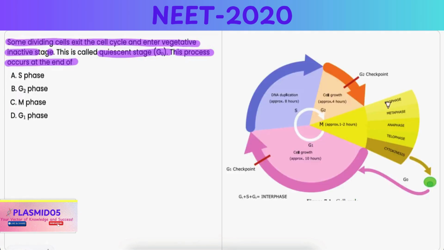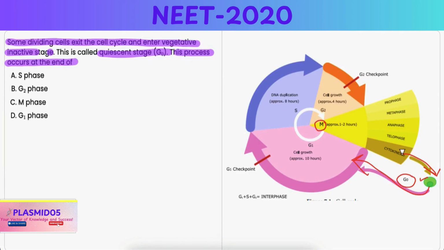Now, the process where some dividing cells exit the cell cycle and enter a vegetative inactive stage, that is G0, occurs at the end of M phase and the beginning of the G1 phase. Now, during the quiescent stage, cells remain metabolically active but do not proliferate unless the organism requires it. And this stage is reversible.